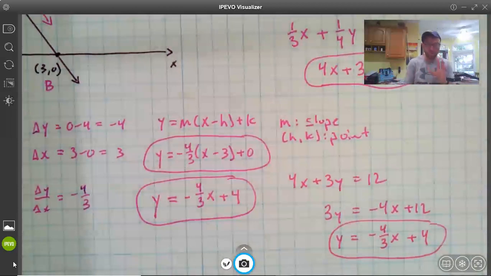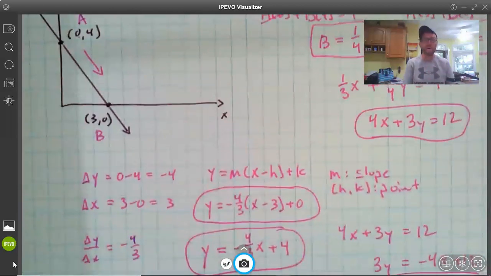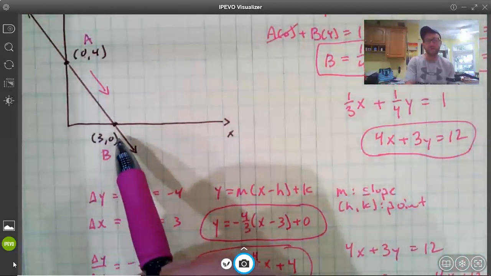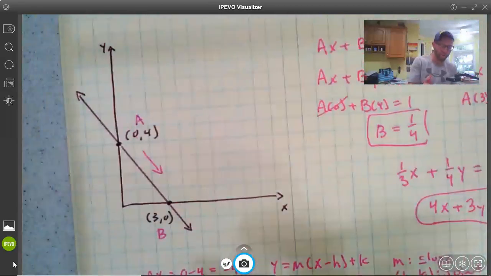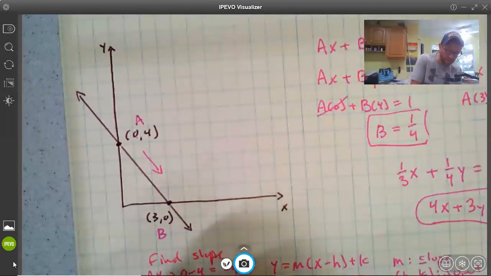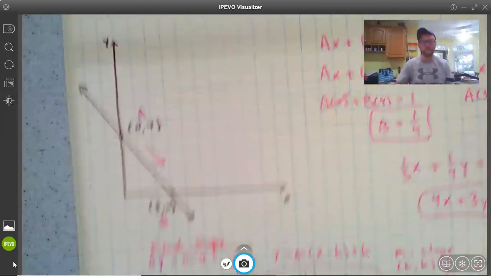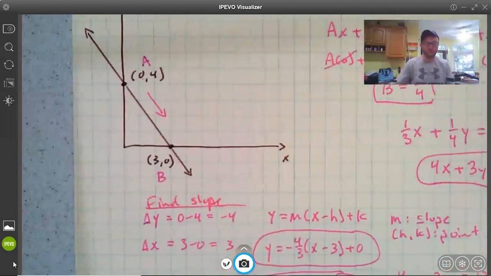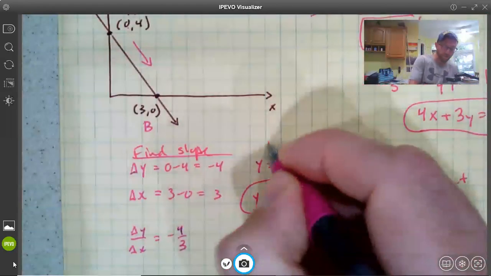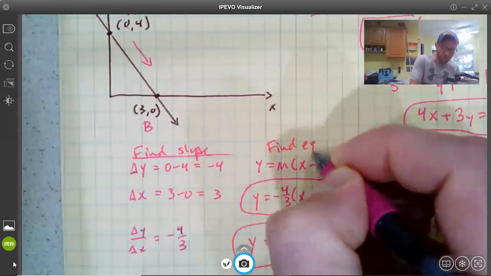So again, the methods were: one, use point-slope form, so you calculate the change in x and change in y, and therefore the slope. Find the slope using the two points, and then we can use point-slope form to find the equation.